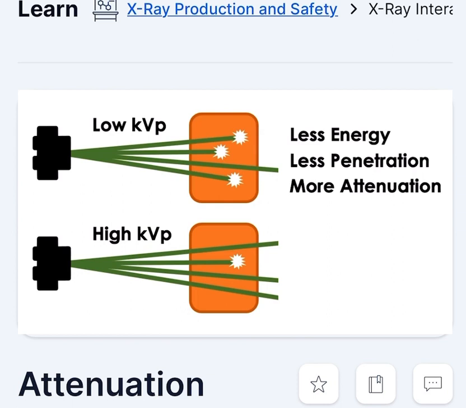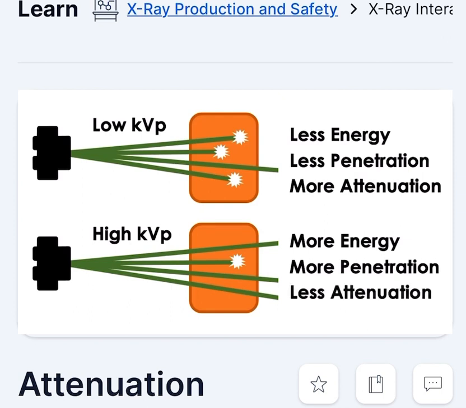The X-ray beam intensity is decreasing significantly as it passes through matter. Compare that to the high kVp X-ray beam. High kVp results in more energy in those photons, more penetration because they have enough punch to make it all the way through, and that results in less attenuation because more of those photons are passing all the way through the patient.